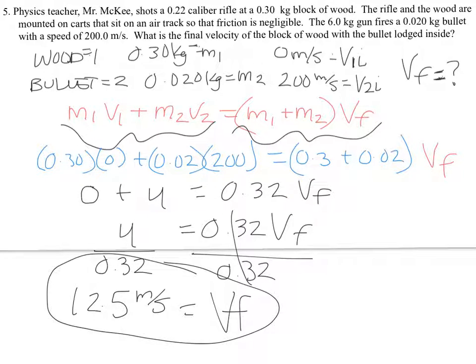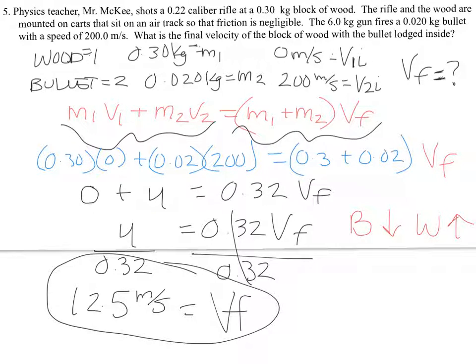Yes, because the object has so much more mass, it's going to move at a lot slower pace. And again, the bullet's momentum went down, therefore the wood block's momentum had to go up. That's what the conservation of momentum is all about. And that's, of course, only completely true if there are no external forces and only internal forces acting within the system.